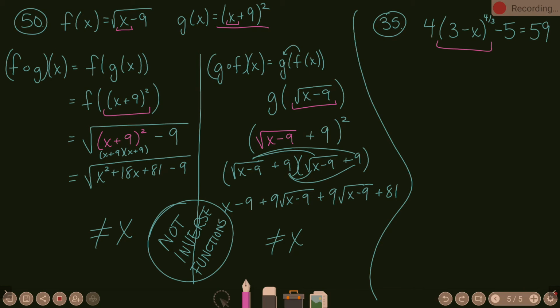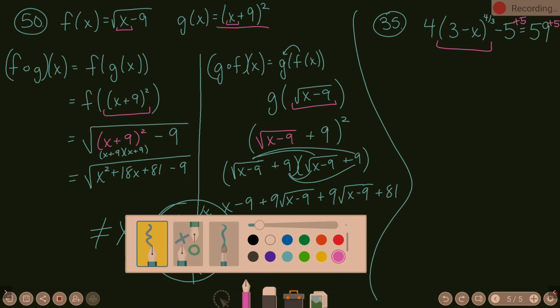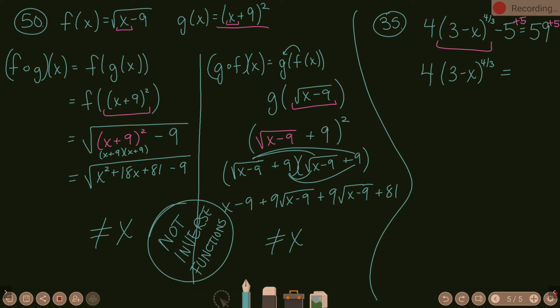So start by, since it's a minus 5, we're going to add 5. So if I add 5 over there, I have 4 times (3 minus x) to the 4/3. Minus 5 plus 5 cancels. 59 plus 5 is 64. And then, since we're trying to get this parentheses part by itself, since it's 4 times that, what will undo 4 times something?